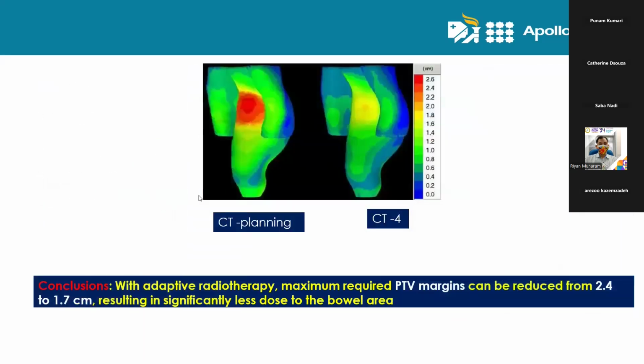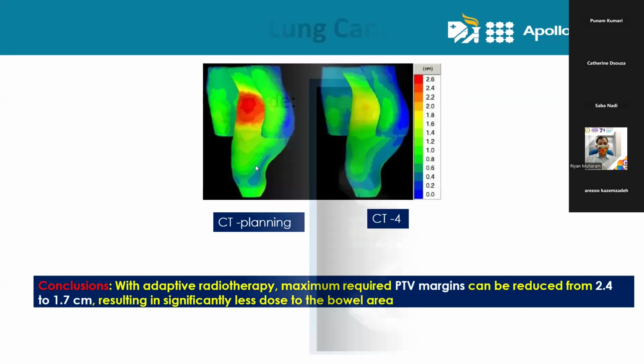One paper concluded that with adaptive radiotherapy, the maximum required PTV margins can be reduced from 2.4 to 1.7 centimeters, resulting in significantly less dose to the bowel area. So with the help of ART, we reduce the toxicity of the patient, the bowel toxicity in the case of the prostate, and in the case of the cervix also. This is a very good result of the applications of ART.